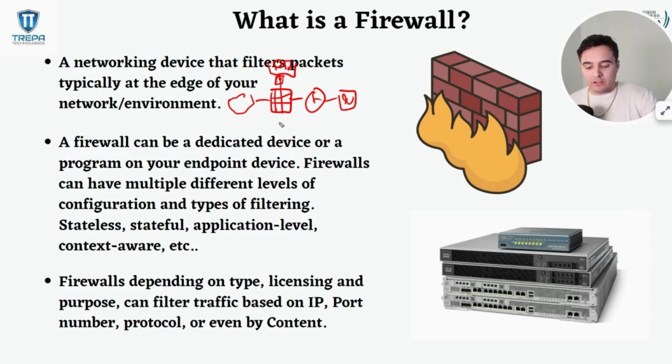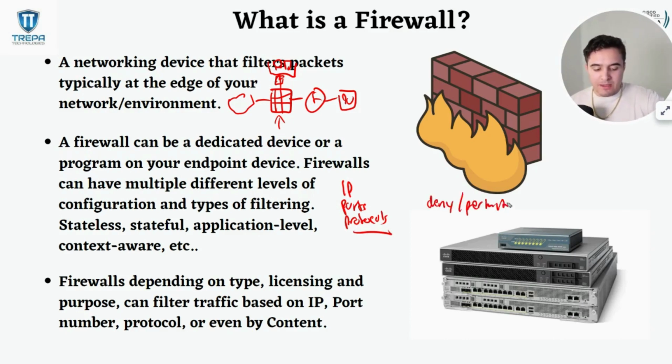So a simple firewall or just a layer 3 and 4 firewall is going to filter based off IP addresses, ports, and protocols, right? And when we say filter, we mean deny or permit. You may also see in other vendors allow or deny, right?